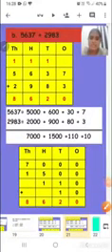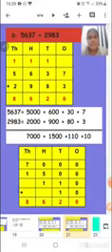Children, now let us see B question. 5,637 plus 2,983. When we add 5,637 to 2,983, we get the answer or sum as 8,620.